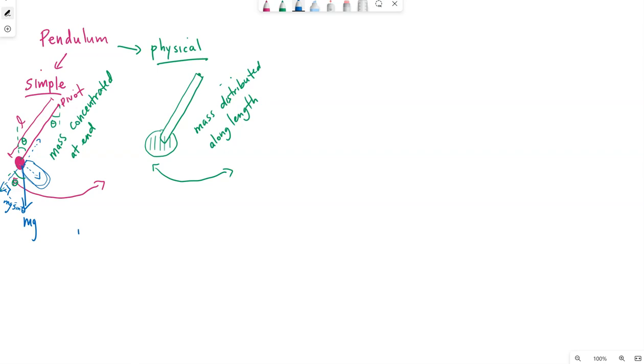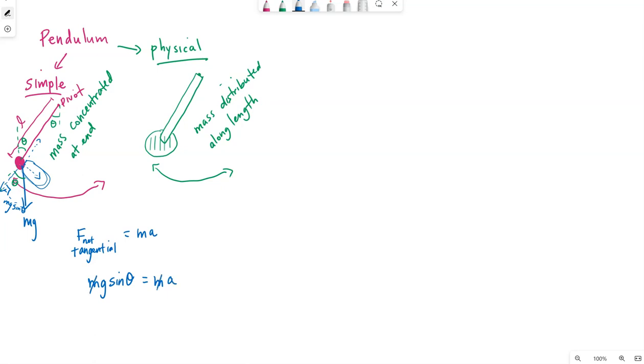That is the net force that is tangent to the motion. This is the force that's causing the acceleration, in terms of causing the pendulum to speed up or slow down. And so we can say that mg sine theta has to equal the mass times the acceleration.